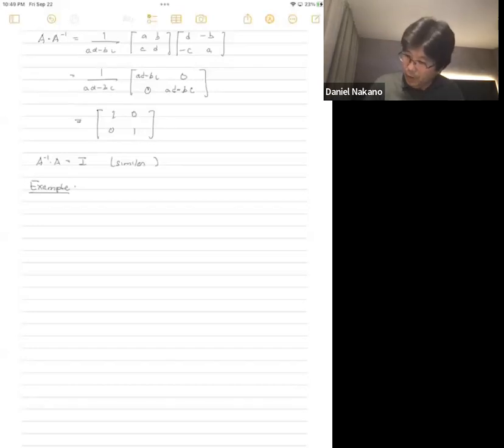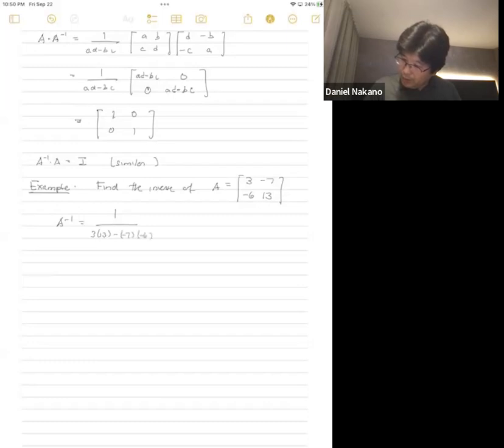Okay, so the example is the following. Find the inverse of the matrix A, which is 3, minus 7, and minus 6, 13. To find A inverse, I take 1 over AD, 3 times 13, minus 7 times minus 6.